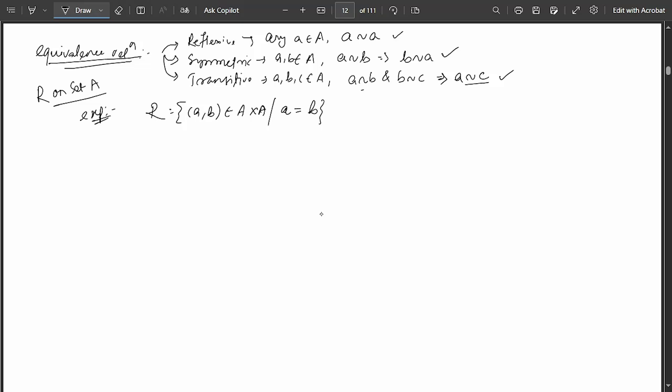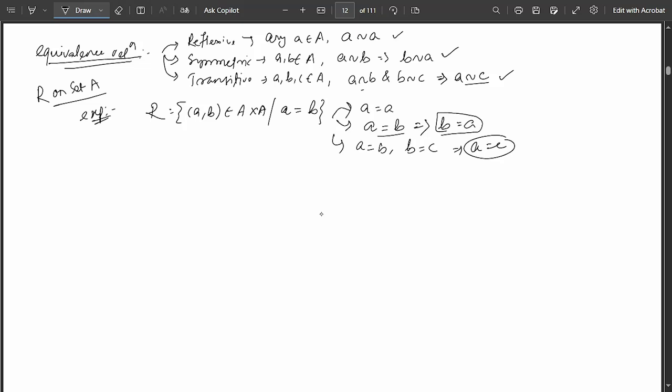It is clear that a equals a, which satisfies the reflexive property. If a equals b, that implies b equals a, so it is symmetric. Transitive is also obvious: if a equals b and b equals c, that implies a equals c. So equality is an equivalence relation.